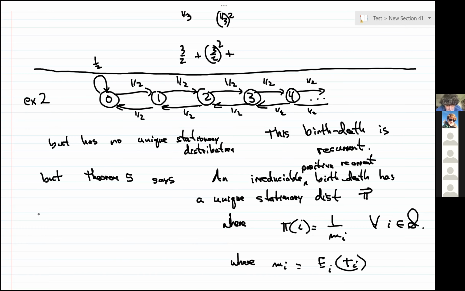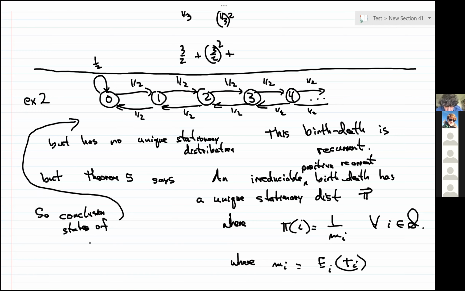So conclusion: the states of this chain are not positive recurrent.